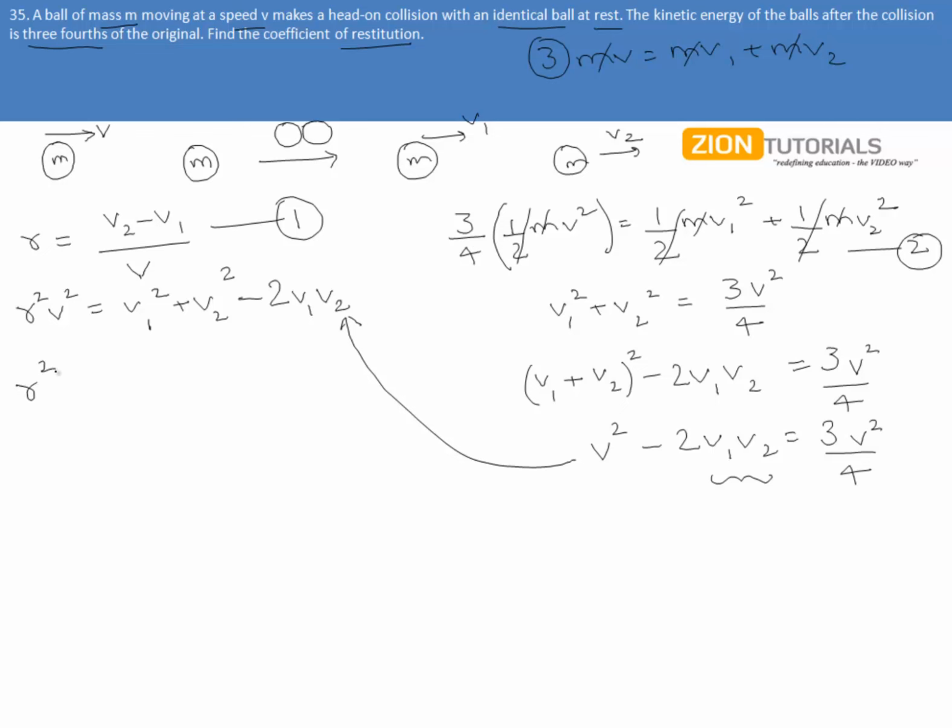So we can write it as r square v square equals 3v square by 4 minus v square by 4, giving us r square to be 2 by 4, or the coefficient of restitution to be 1 by root 2. So this is what was asked in the question.